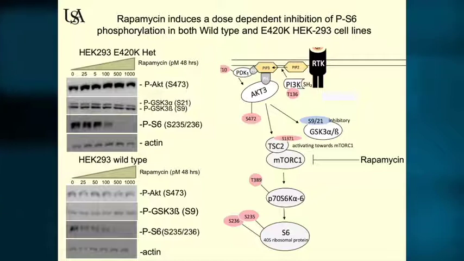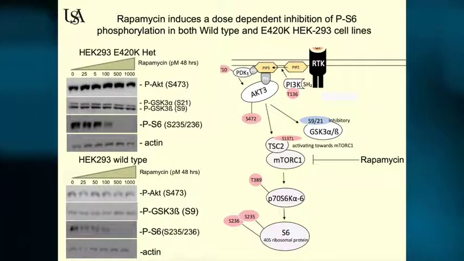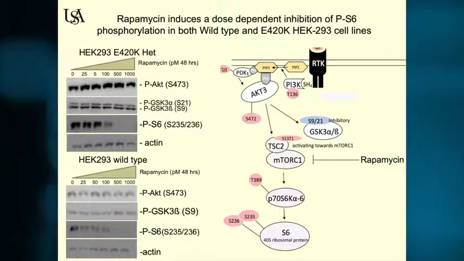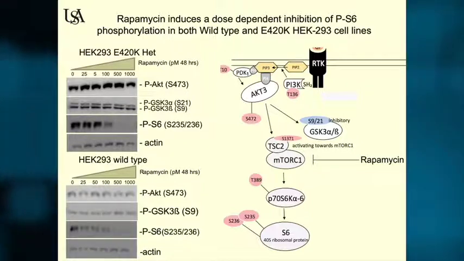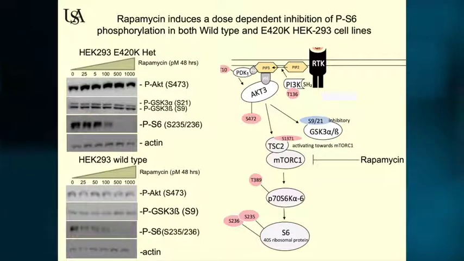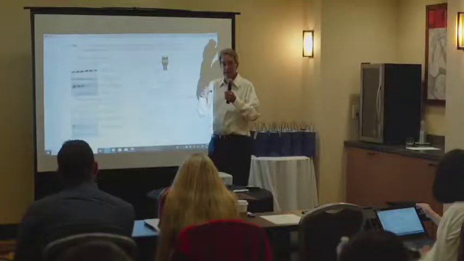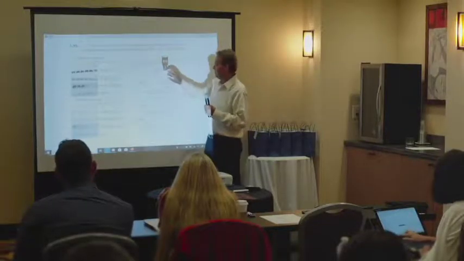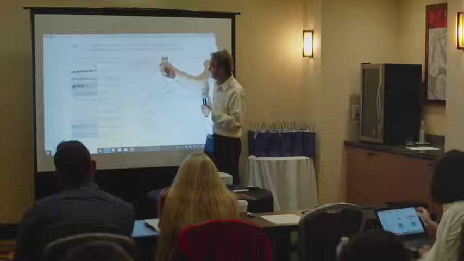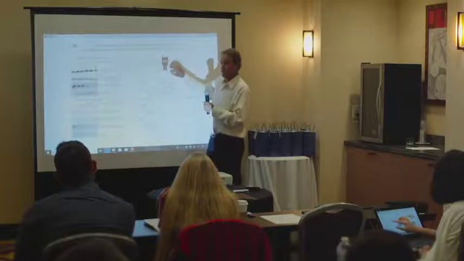But we don't see a change in, this is AKT, which is up here, and then GSK, which is down here. So one of our goals is to actually map out, there will probably be one or two, or maybe 10 at the way things are going, sites that R5D is working on as a substrate. So hopefully there's going to be a protein we can say, okay, this is where it all starts.